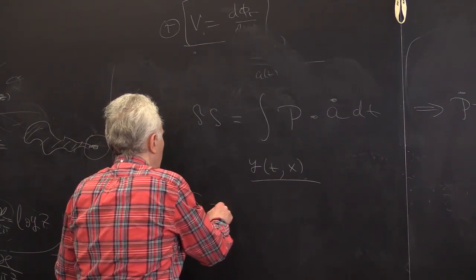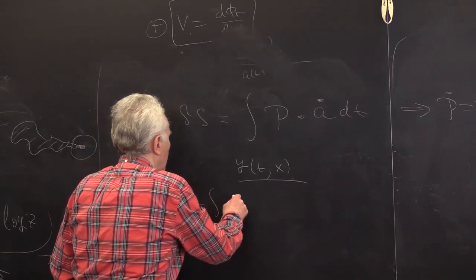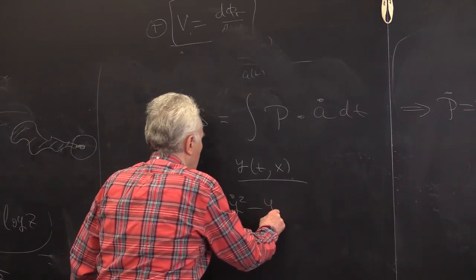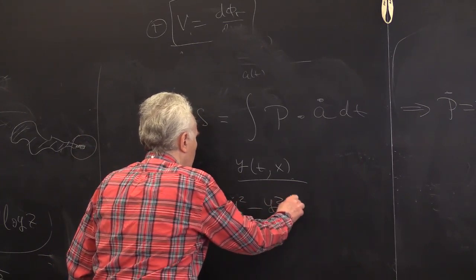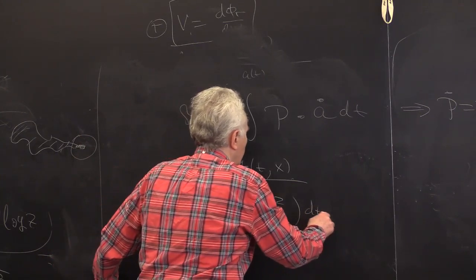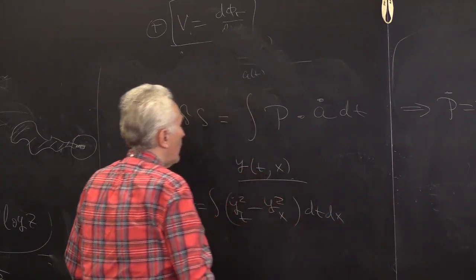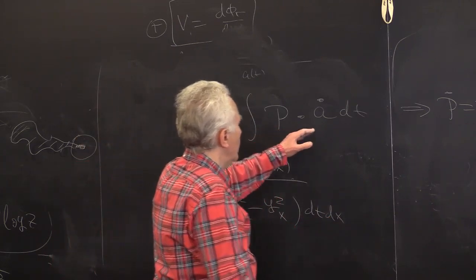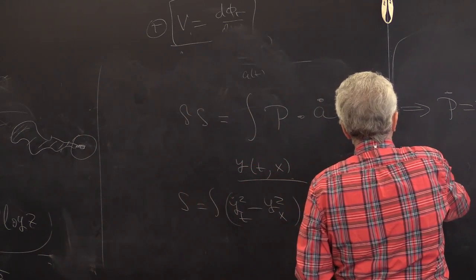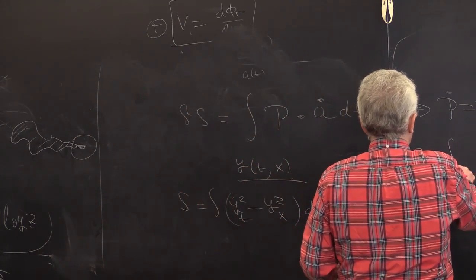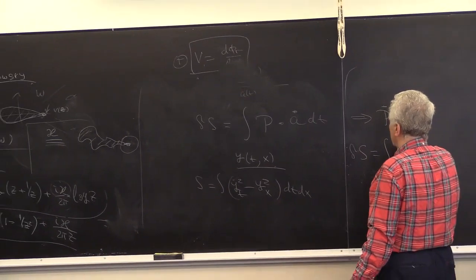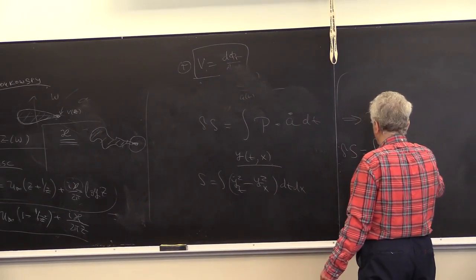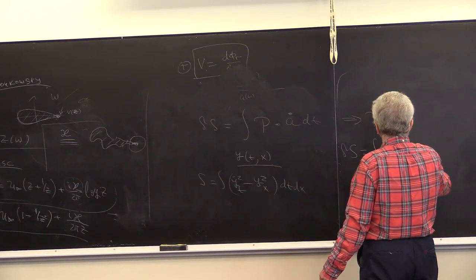And we have the action, which is the integral of y dot square minus yt square minus yx square, dt and dx. Generally, we expect the variation of the action to be something like that. We expect it to have the form of the current.